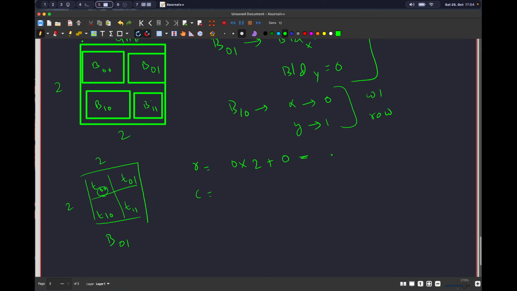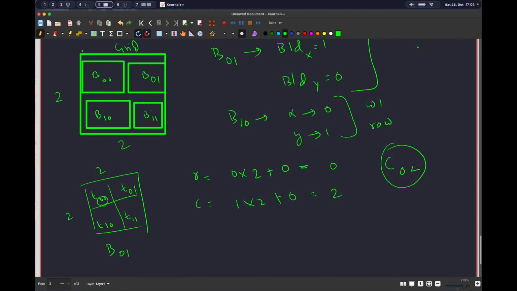So it will handle row 0. Again, column is block dimension dot x times block ID dot x, which is 1 times 2, plus thread ID, which is 0. So it will handle column 2. So the element it will handle is C02 in the original matrix.